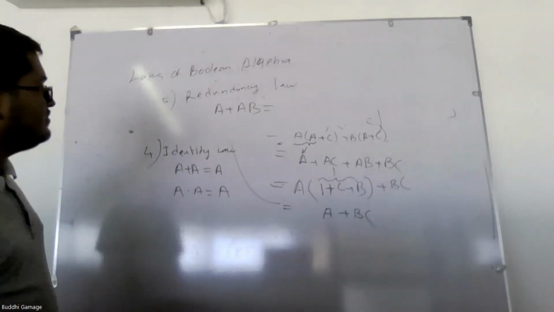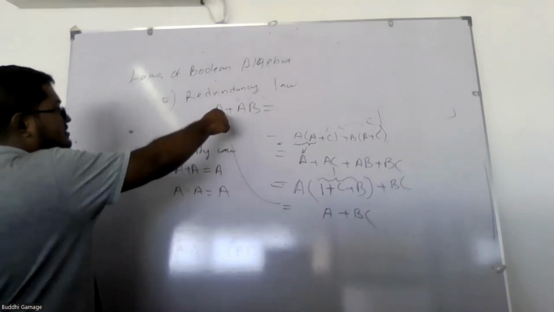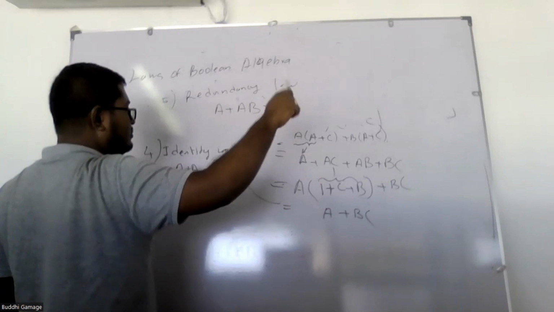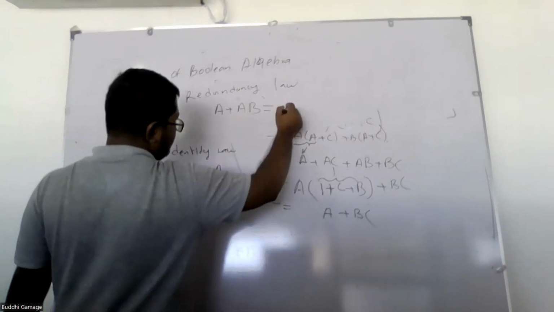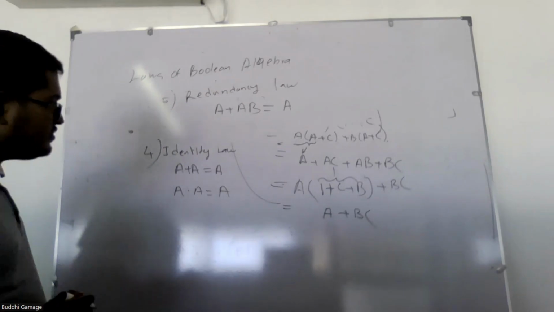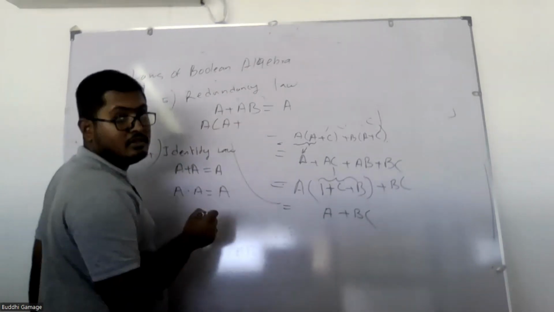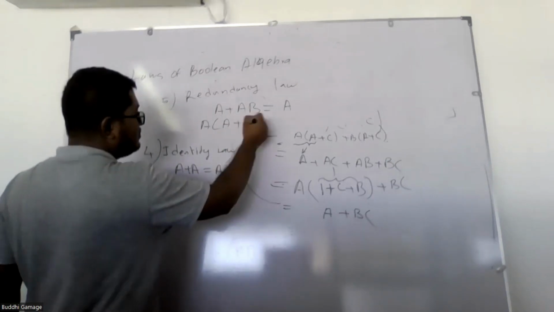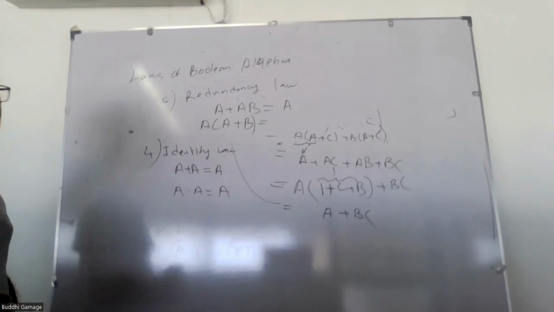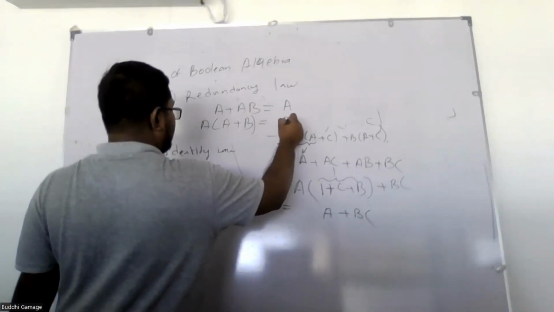As you are aware, if we take this A out of the brackets, this part is going to be 1 plus B. So 1 plus something is always 1. So the final answer will be A. It is the same for this one, A plus B, so this one also will be A.